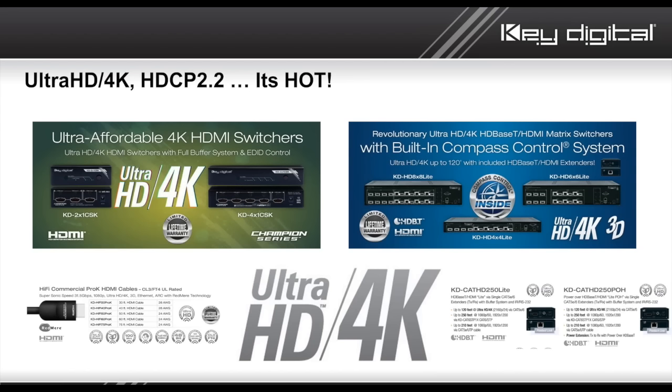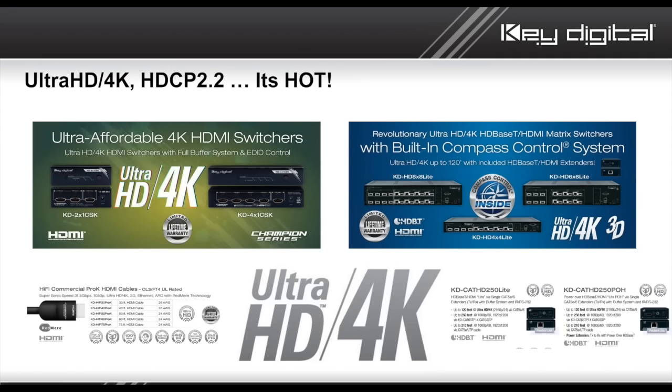Now, KeyDigital, we've been delivering 4K products in just about every single product category for a long time. Even our ultra affordable switchers and distribution amplifiers of the Champion series, our Digital IQ HD Light matrices were our first matrix family to deliver that.